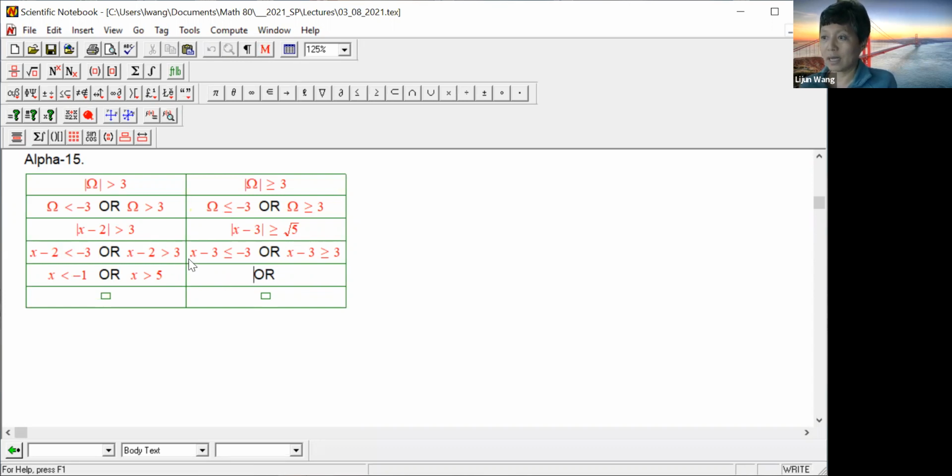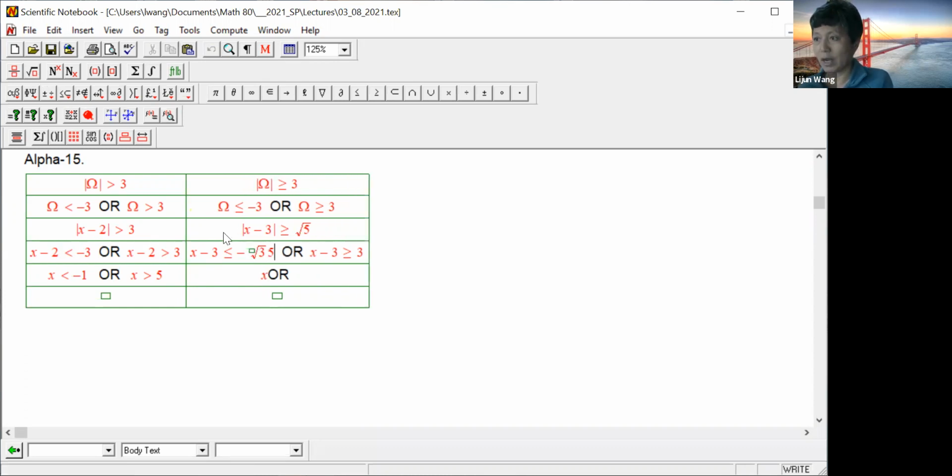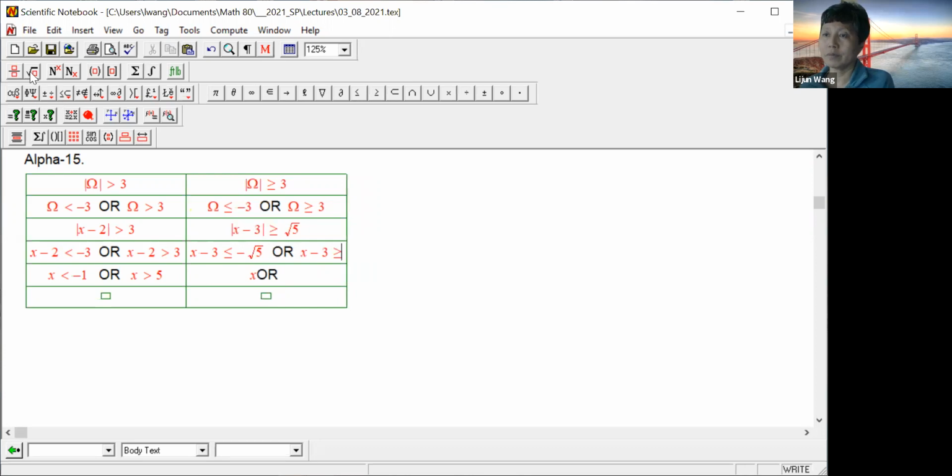So on this side, oh, sorry, I have a negative square root of 5. Sorry about that. I was trying to finish this fast. And this is a square root of 5.